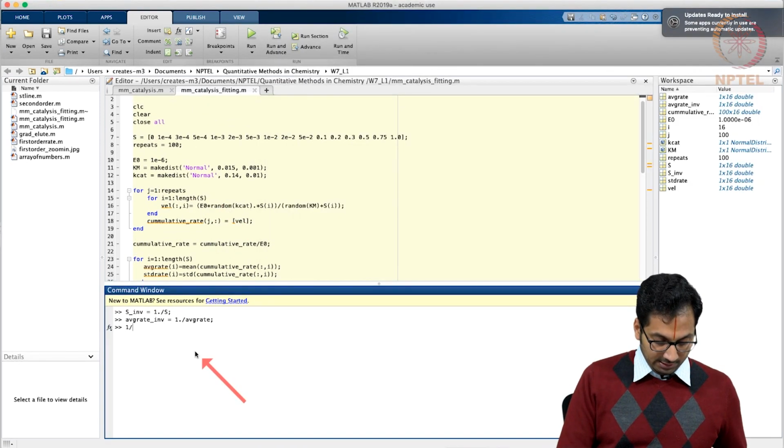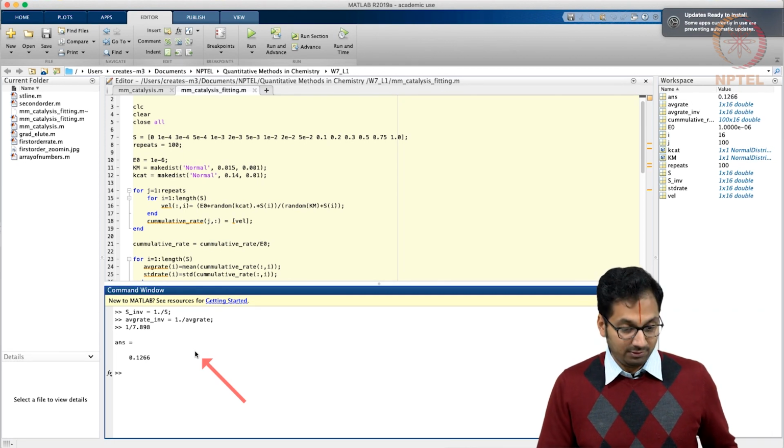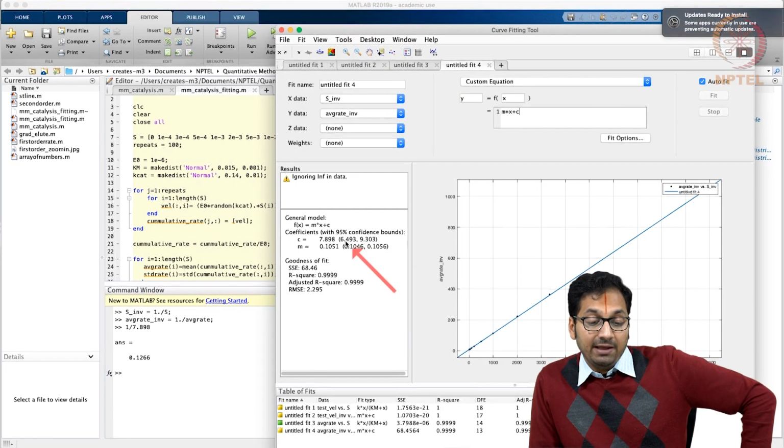So what is 7.898? That's 0.1266. Oh wow, so you're able to realize there's a difference that comes in Kcat. You wanted a Kcat of 0.14, the error in the slope or the intercept is significant. You're able to see the error in the slope goes from 6.943.